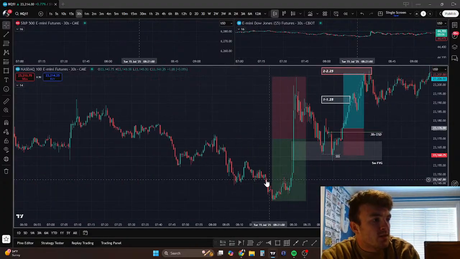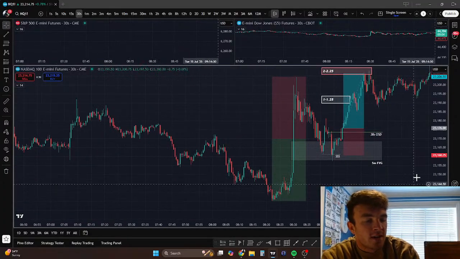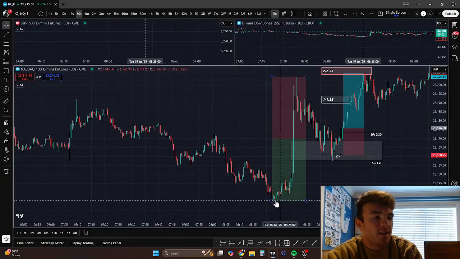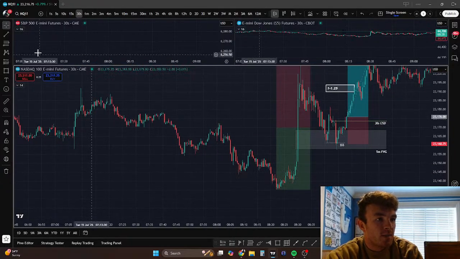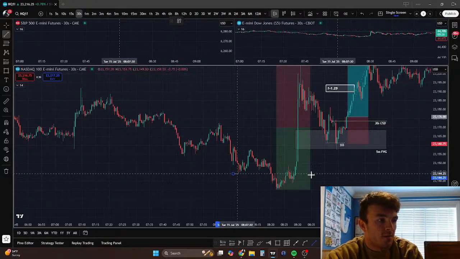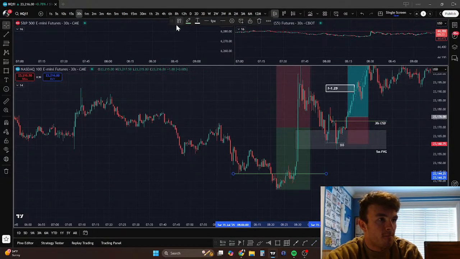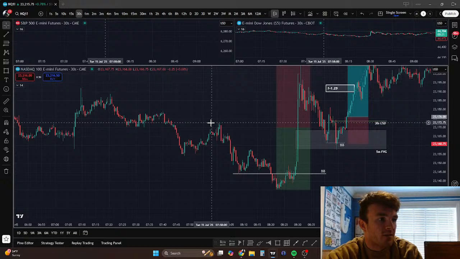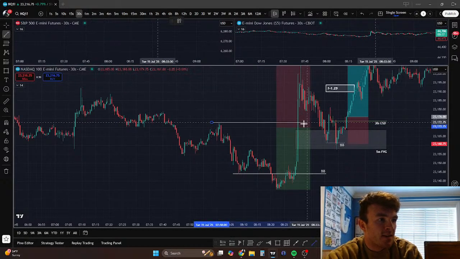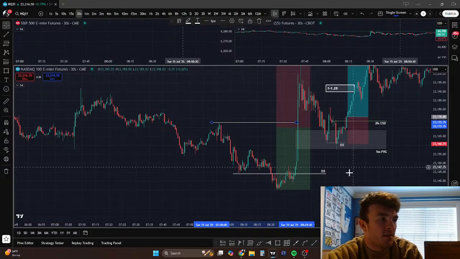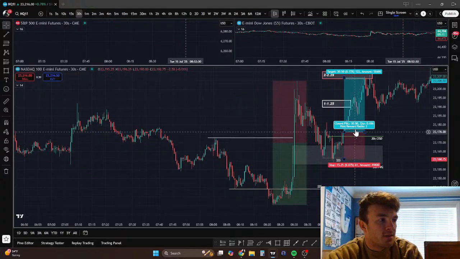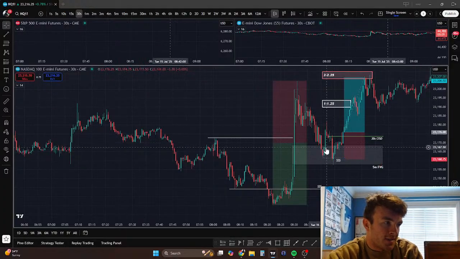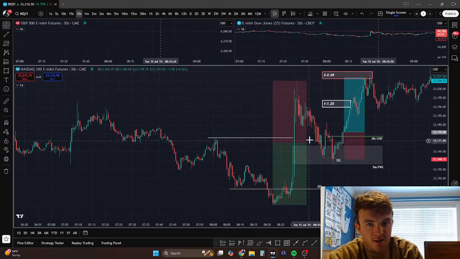And once again, this was a 2022 plus model. It's basically saying we're taking a 2022 model, so liquidity sweep, break of structure, fair value gap and discount. I'm taking a 2022 model and dropping down to the lower time frame and finding a 30-second change state of delivery off a 5-minute gap.